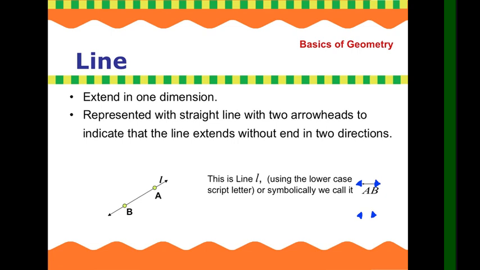This is line L, using the lowercase script letter, or symbolically we call it line AB. Notice arrowheads are in both directions on the symbol AB. So we can use L to name the line, or we can use AB, which looks like this.